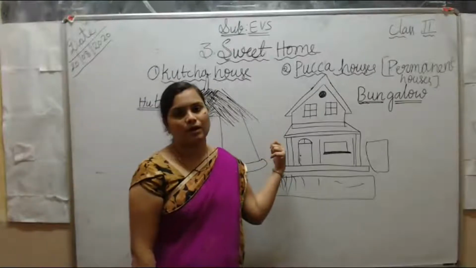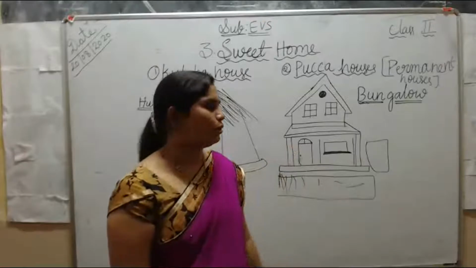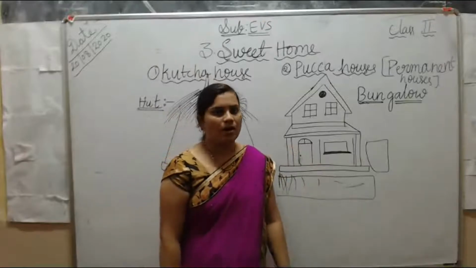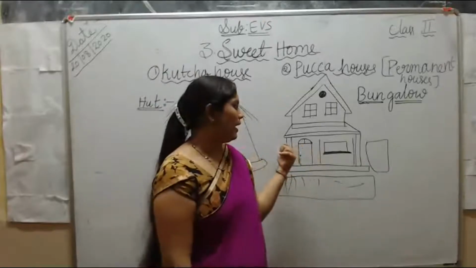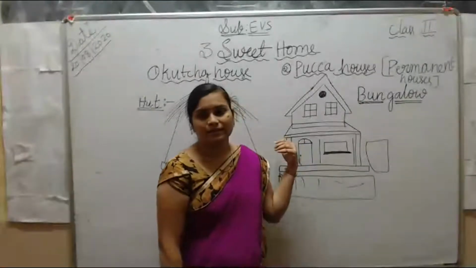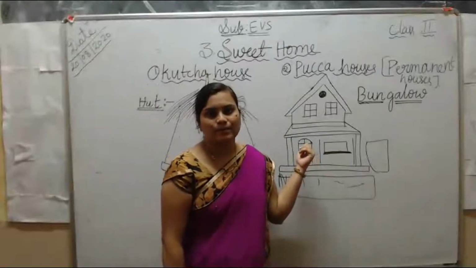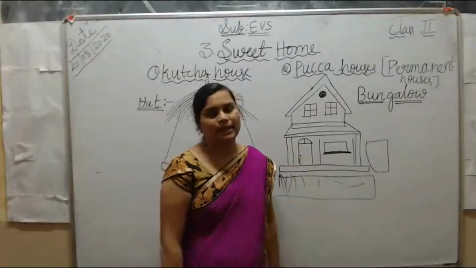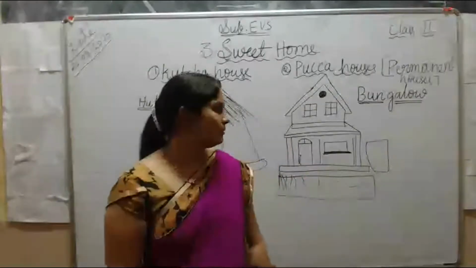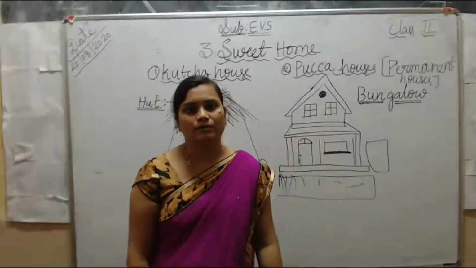What about this pakka house? It is made up of bricks, stones, cement, iron rods and marbles. It is very strong. It will stand against storms and heavy rains. It is also called a permanent house.